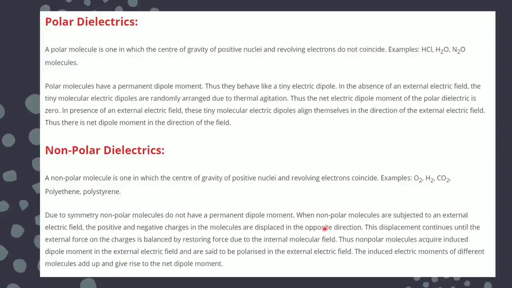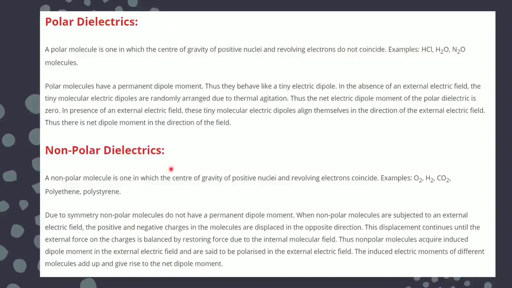But when they are kept in the electric field, there are induced dipole moments in the different molecules, and again they give you the net dipole moment. So here the dipole moment is because of alignment, but there it is induced, because earlier there was no dipole moment. So this is the basic difference between polar dielectrics and non-polar dielectrics.